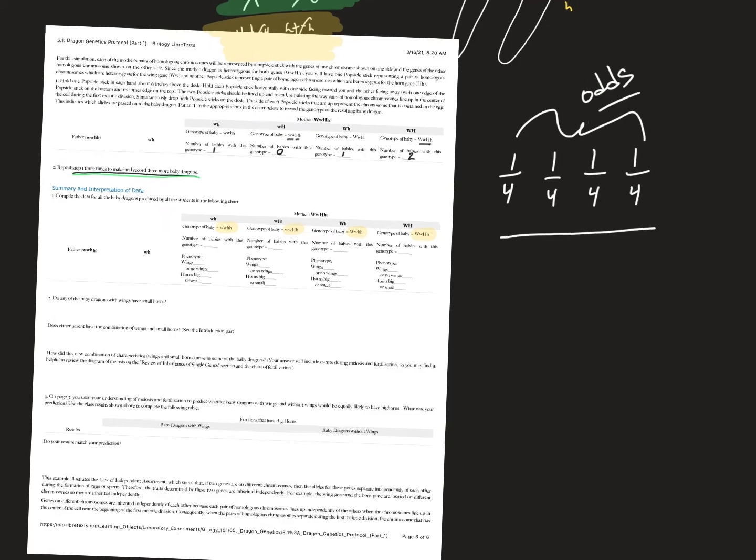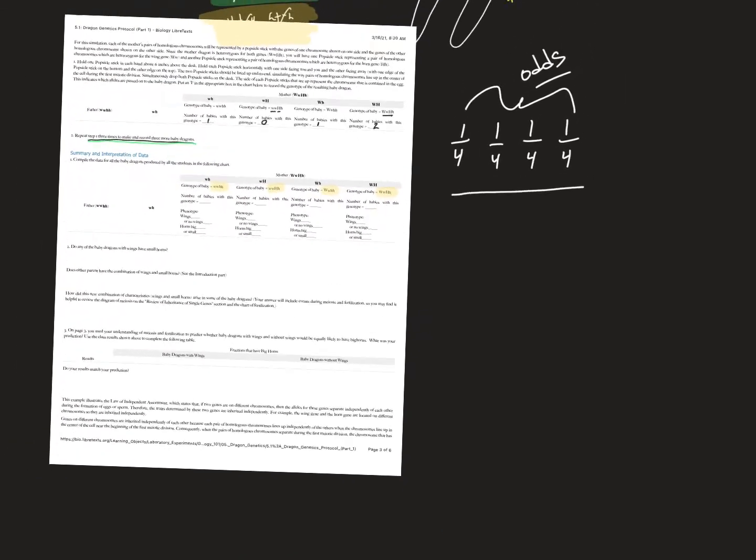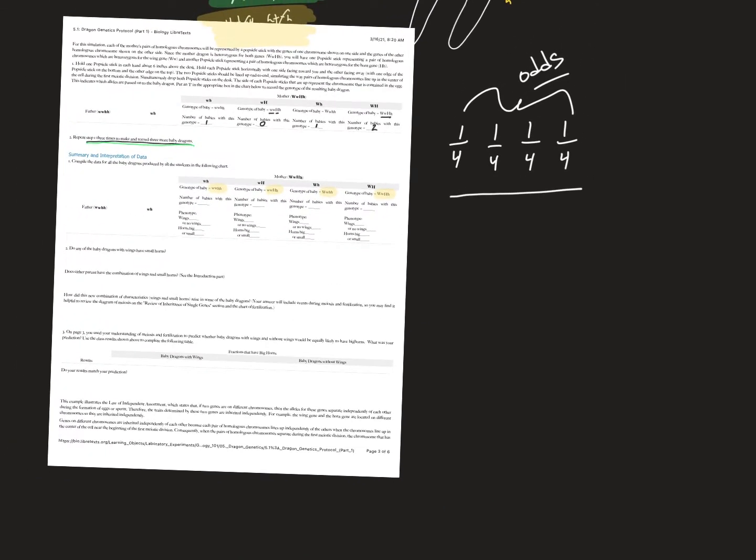Will you ever get to 25%? Maybe, but the point is that the more you do it, the closer and closer you get to this distribution of events. Any one, you could end up with 0, 1, 2, right?